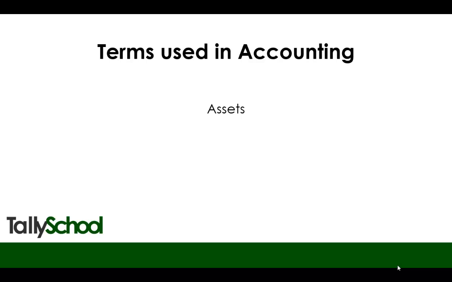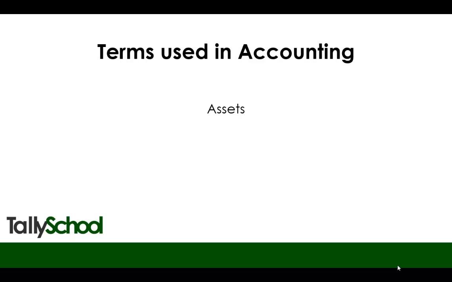What is an asset? An asset is something that you own and that can give an economic benefit in the future. In simple words, it's something that you have and you can benefit from. For example, say you have a vehicle, a car, and you can benefit from that car by renting it out.